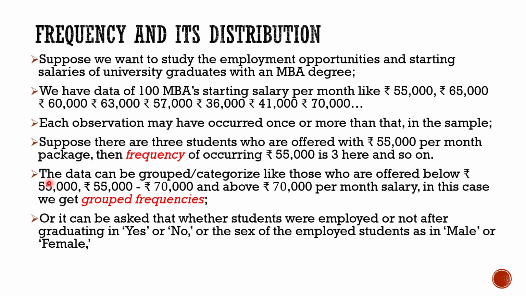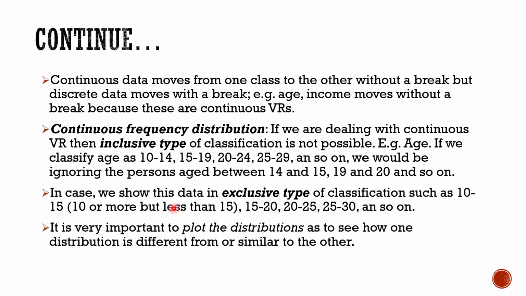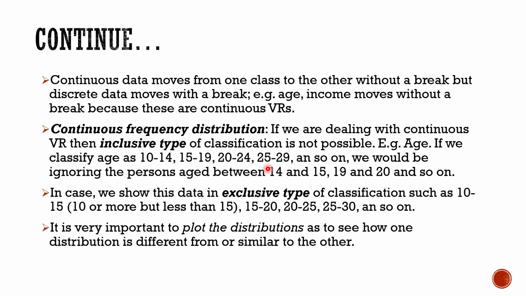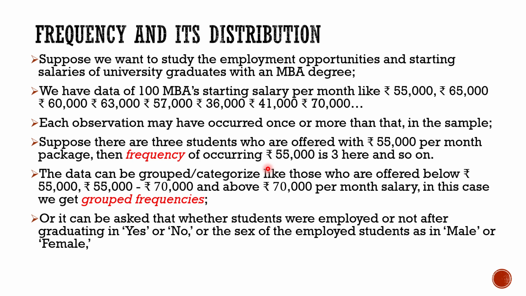Now, this data may be in the form of groups or categories, like those who are offered below rupees 50,000, 55,000, those who got between 55 and 70,000, those who are offered above 70,000 per month salary. In this case, we get grouped frequencies. In the earlier example, these were not grouped frequencies.